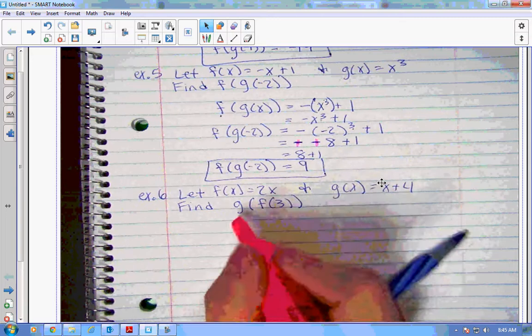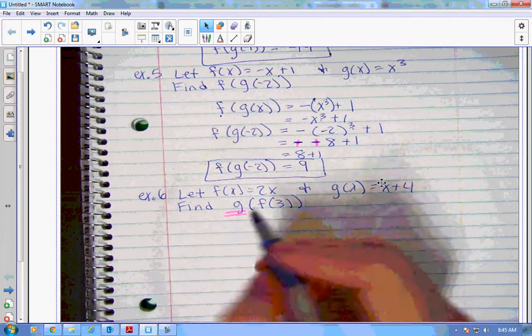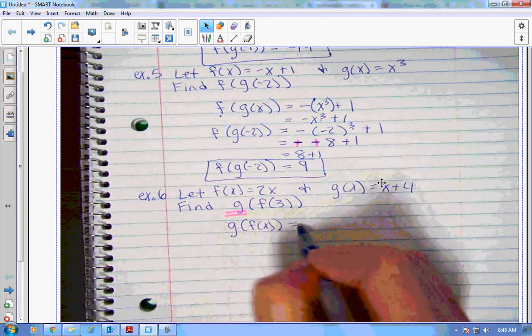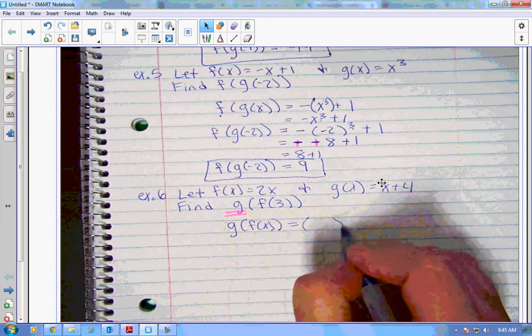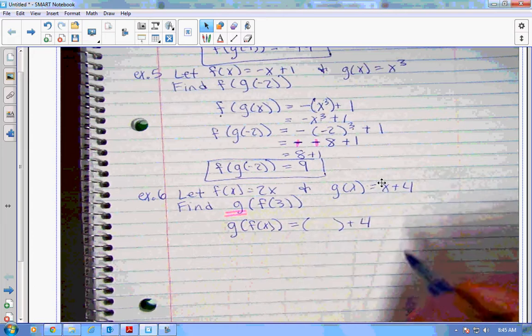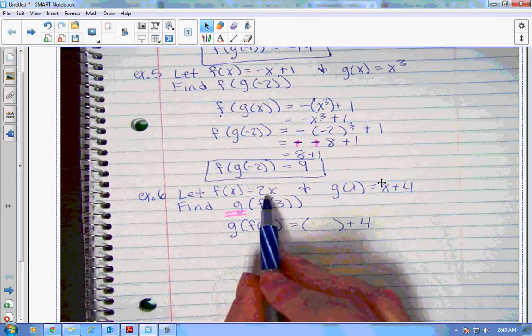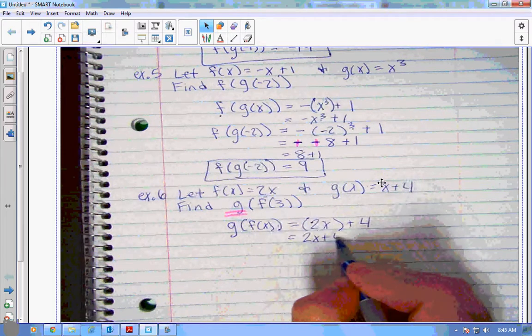This time, who's first? G is first. Okay, so we're going to start finding g of f of x, just ignoring the 3 until the end. G is first, so this time we use x plus 4. Wherever there's an x, I put parentheses plus 4. And inside the parentheses, I'm going to insert in f. F was 2x. So I get 2x plus 4.